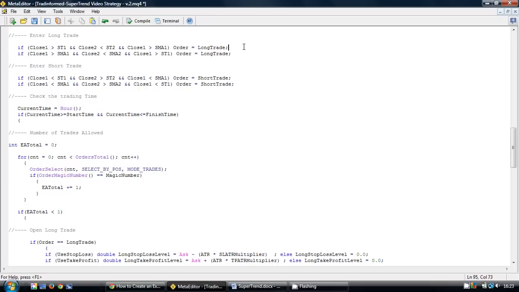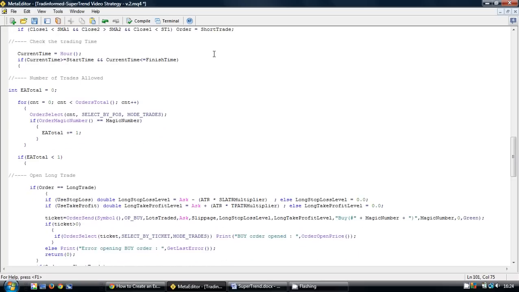If the close 1 is greater than the SuperTrend and the close 2 is lower than ST2 and the close 1 is greater than our SMA 1, our order equals long trade, which, as you remember, is one of the constants we defined at the start of the program. Okay, so we've got the information here for the two different ways that we can enter a long trade, and then the two different ways we can enter a short trade.